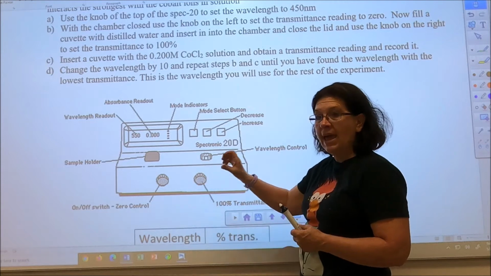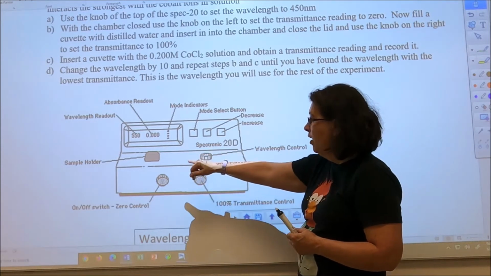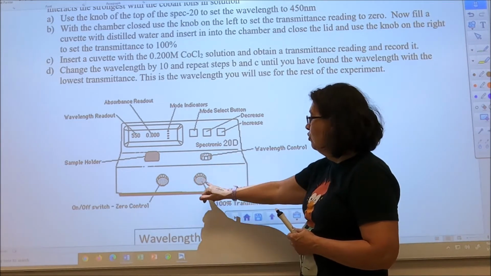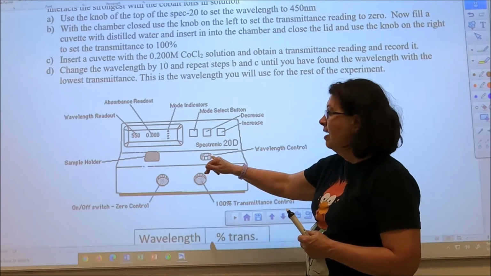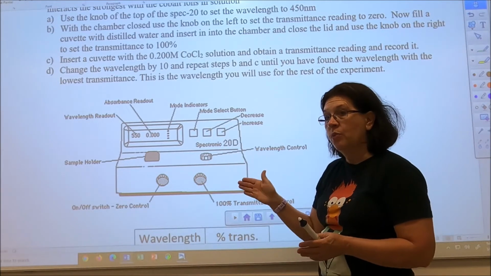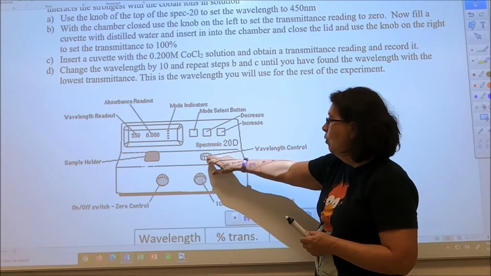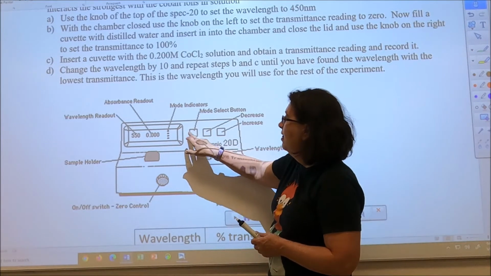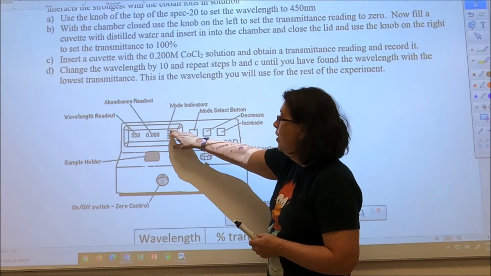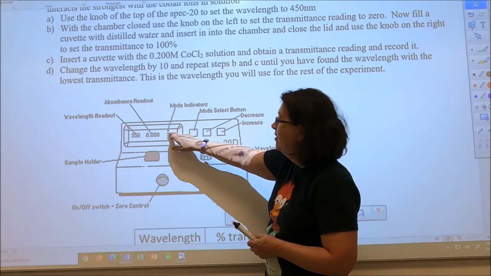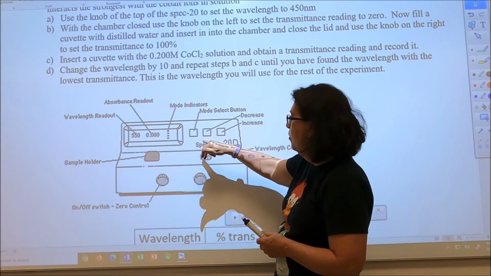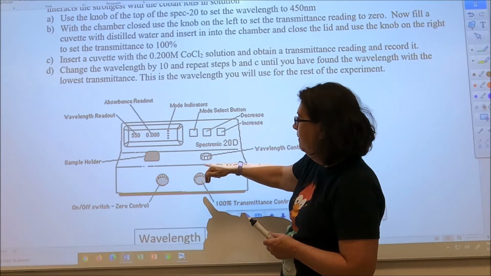Then we put a tube of distilled water in there, and we use the 100% transmittance to tell the machine what it looks like when 100% of the light goes through. This sets the wavelength, and then this button controls whether we're reading transmittance, absorbance, and a couple other things we won't pay attention to. Okay?